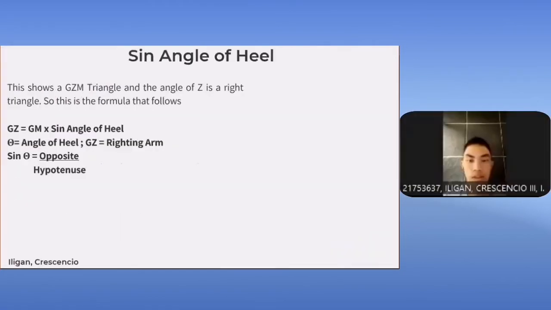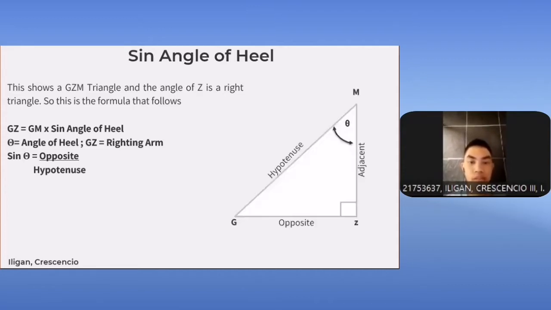Now, how to find the sine of the angle of heel. We assume that a ship heels to a given degree, and a right triangle is formed. This is shown in the image on the right, where M is what we call the metacenter, GM is known as the metacentric height, and GZ is the righting lever or arm. Since it forms a right triangle, a simple formula is used.